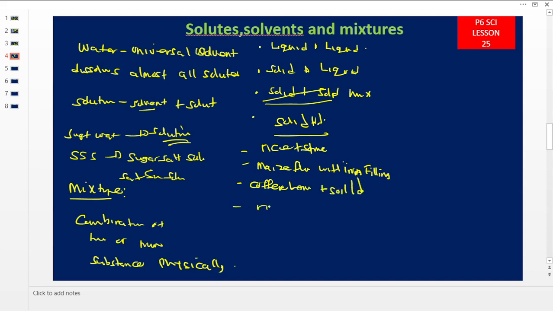Then we can get rice plus rice husks. Now these are the best examples of solid to solid mixtures.